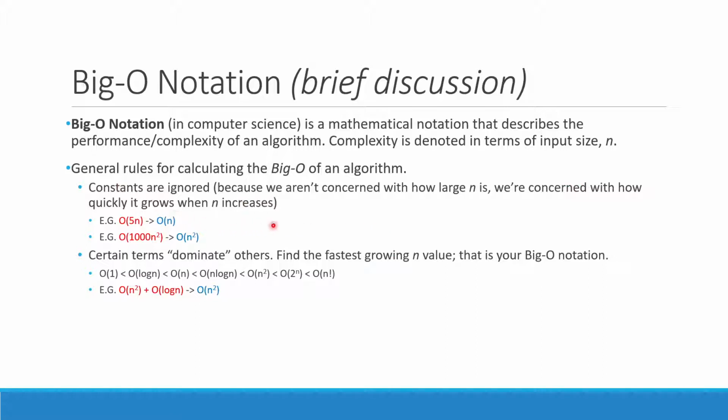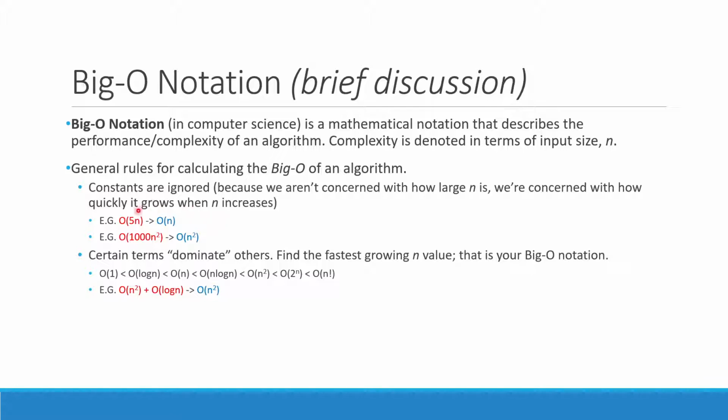So if you took the graphs of like y equals 5x or y equals x, they're both growing at the same speed in terms of n.